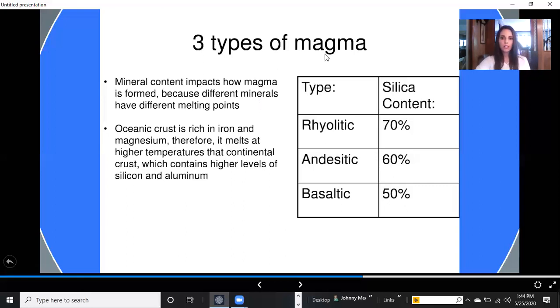So if you see here, your three types of magma, you have rhyolitic, which has 70% silica content, andesitic, 60% silica content, and basaltic has 50% silica content.